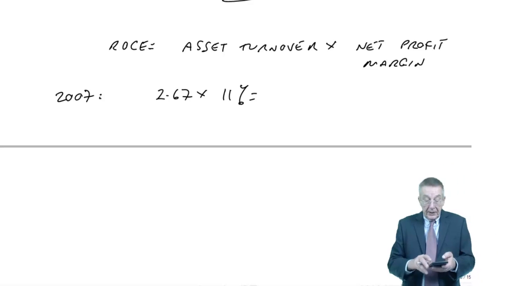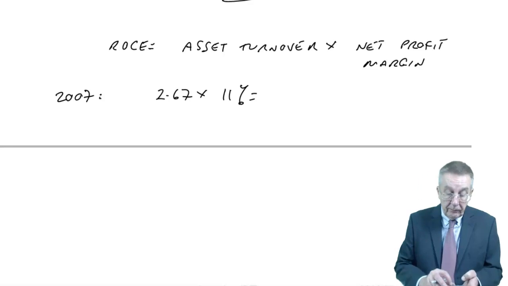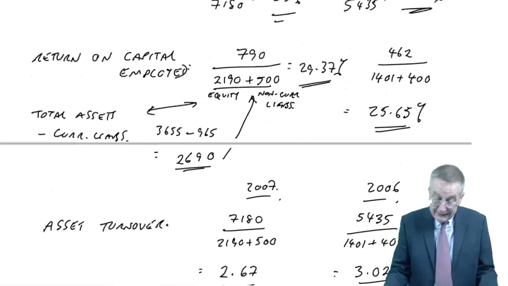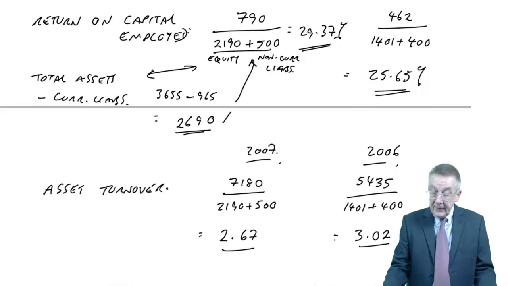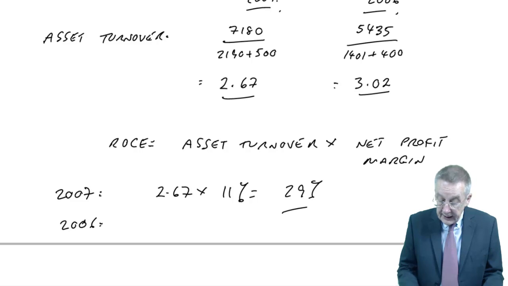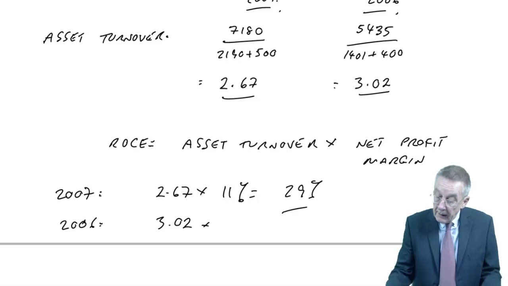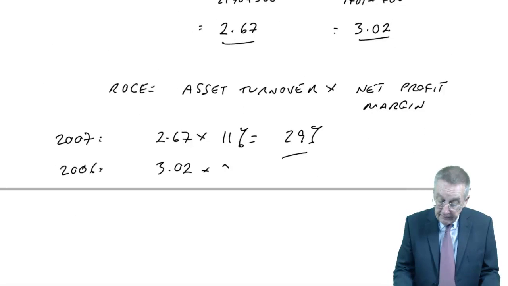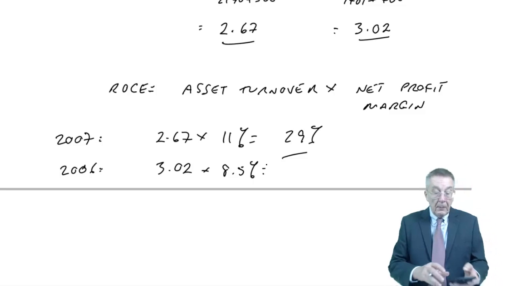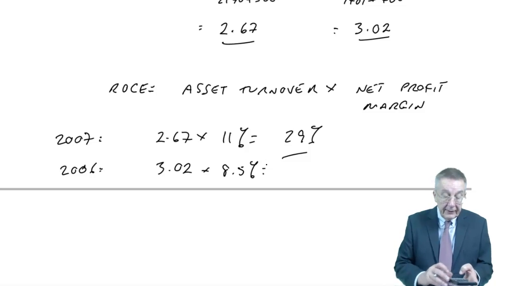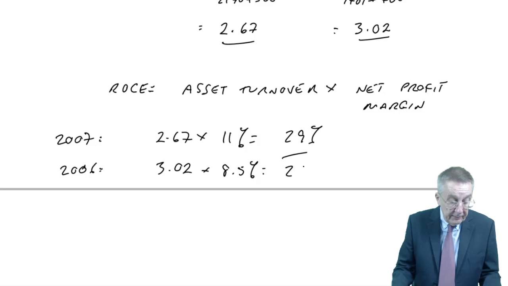And so the return on capital, 29%. Is that what we got? Yes, 29.37. Whereas in 2006, the asset turnover 3.02, the net profit margin 8.5, and so the return on capital, 3.02 times 8.5 is 25.7%, 26%.